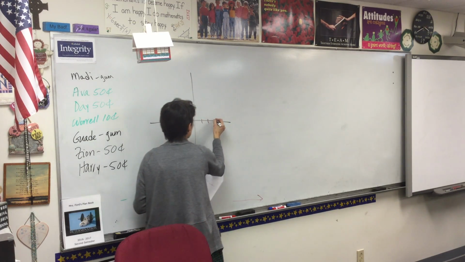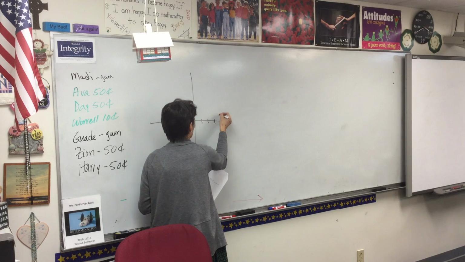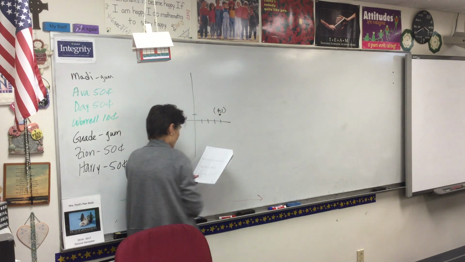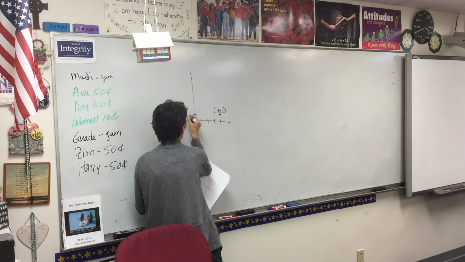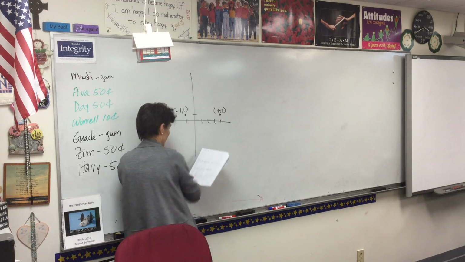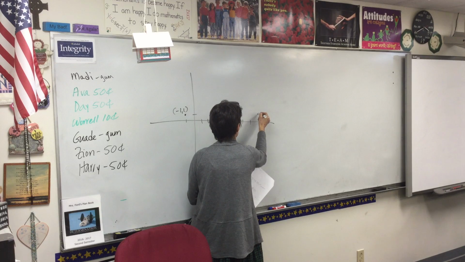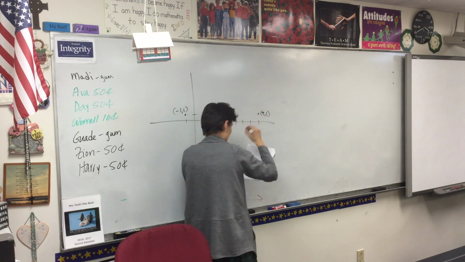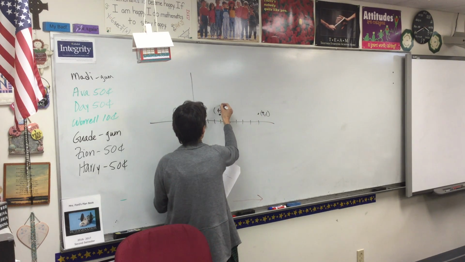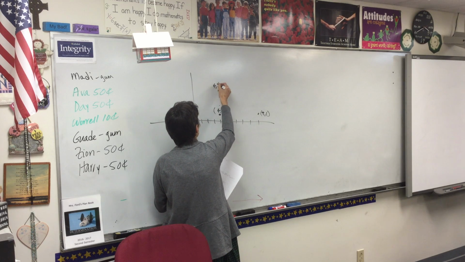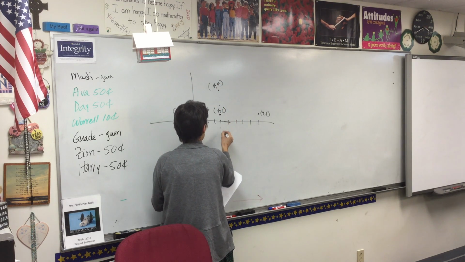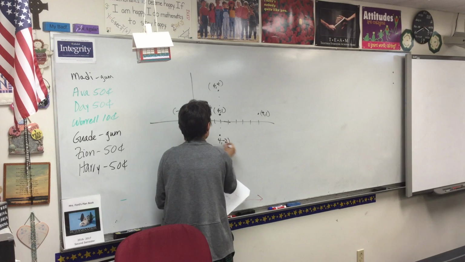So it says the center is at 4, 1. And vertices are at negative 1, 1, and 9, 1, and 4, 4, and 4, negative 2. All right, so here's the job.